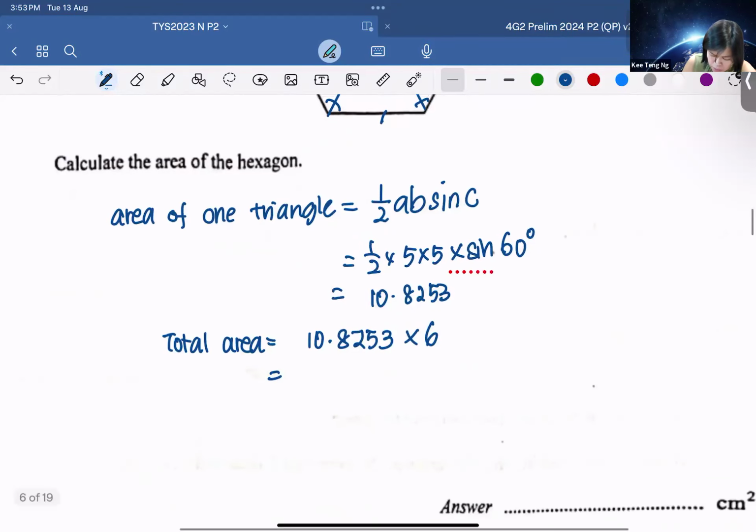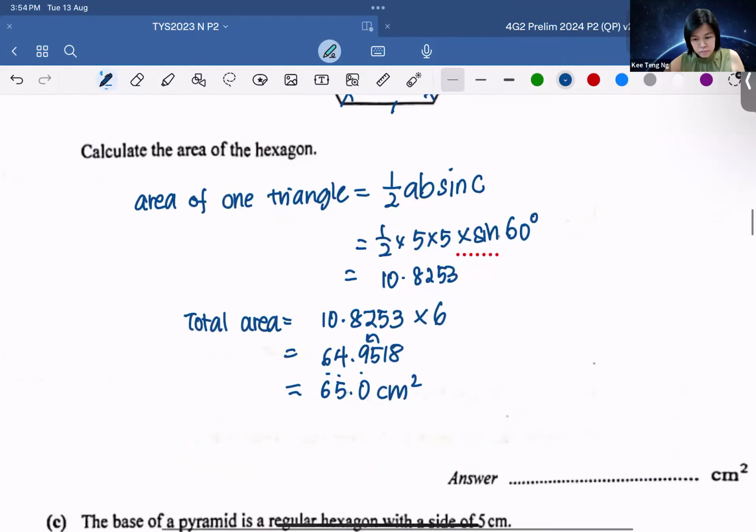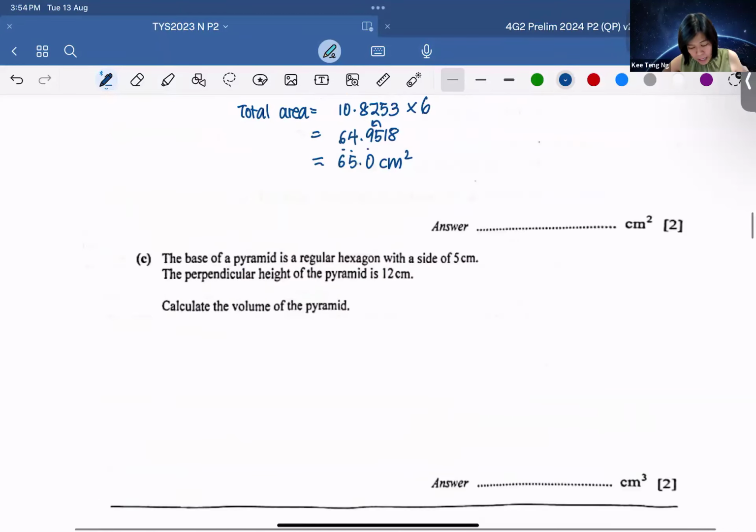And that gives me 64.9518. Then round off to 3 significant figures, 65.0 cm squared. Is this okay? Okay, I finished the last part.